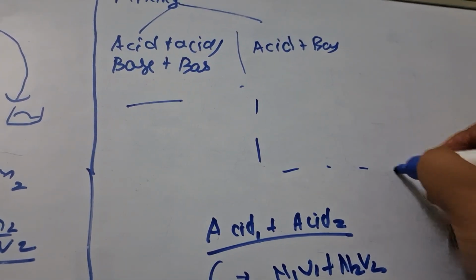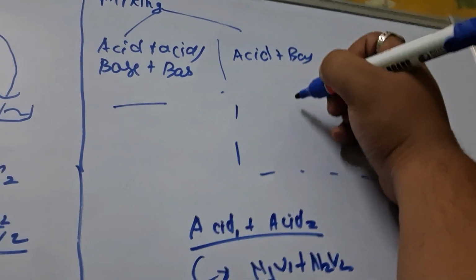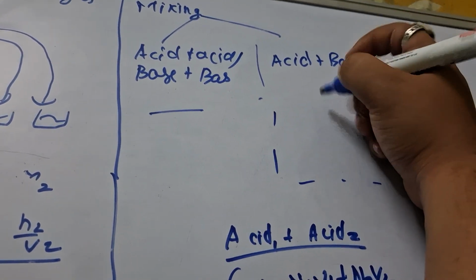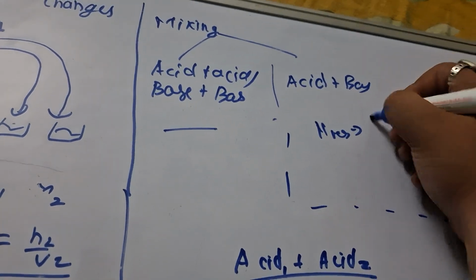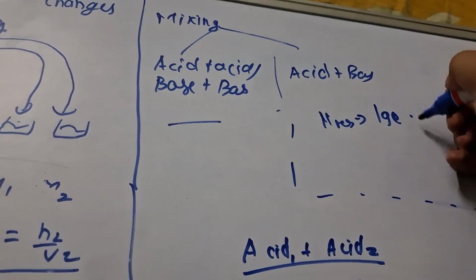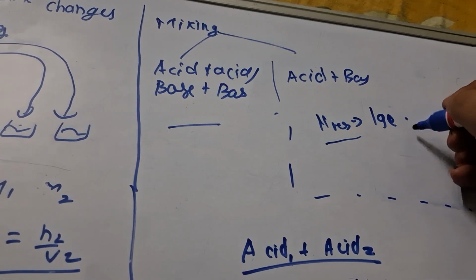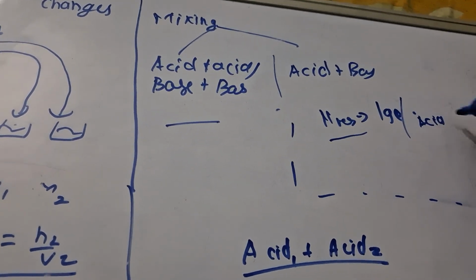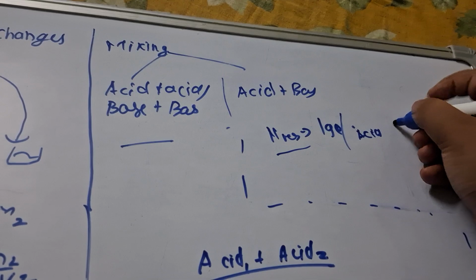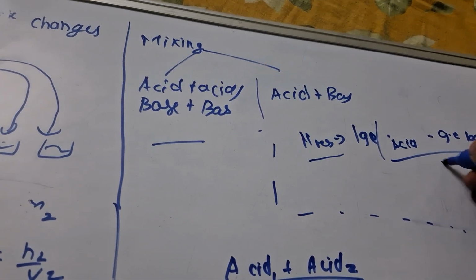Now for acid plus base, the net normality resultant is the gram equivalents of acid minus the gram equivalents of base, upon V1 plus V2.